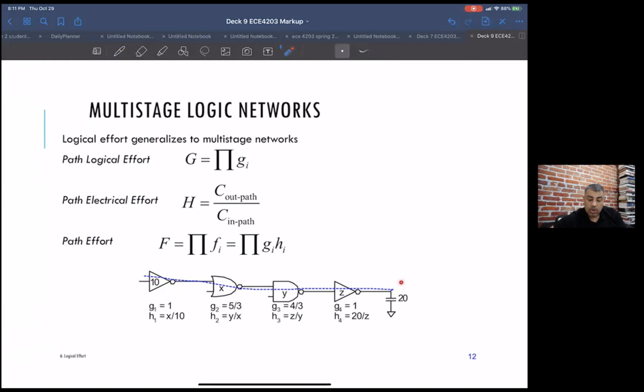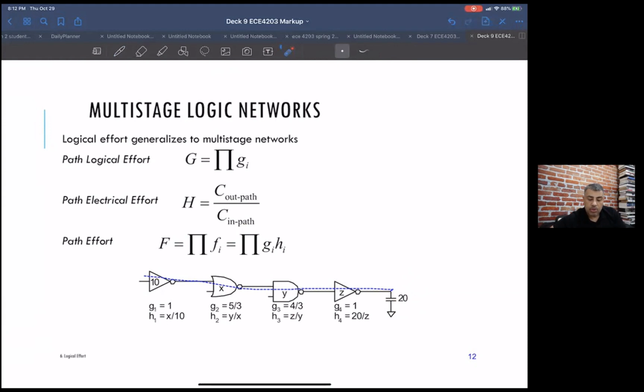Eventually, your load, whatever the next stage you're driving, is the equivalent of 20C of load capacitance. There's another gate sitting here that's got 20C of input capacitance equivalent.